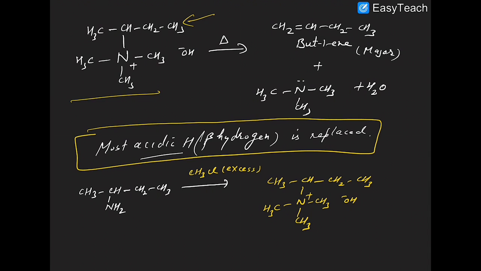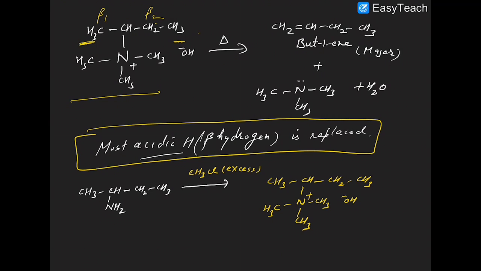Look at that. Here there are two beta hydrogens. One is this, the other is this. This is beta 1, this is beta 2. Now beta 2 has a methyl group behind it, but at the beta 1 position, no methyl group is behind it.